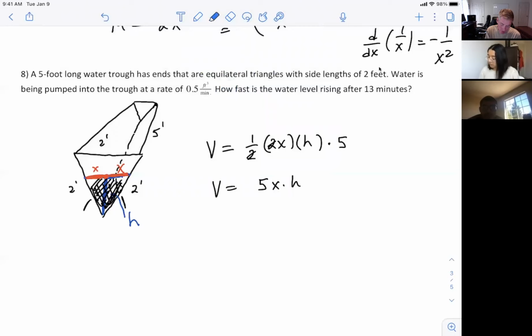And then this part is saying derivative. And then this part is talking about the height. So in other words, find dh dt.